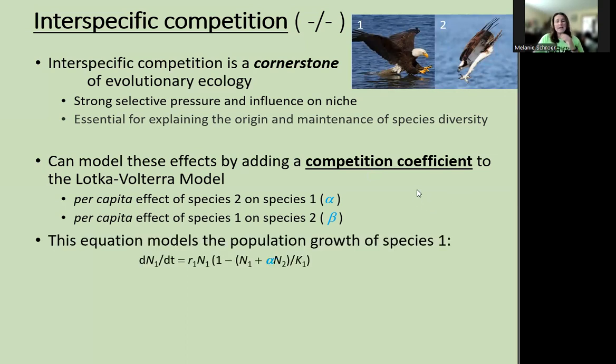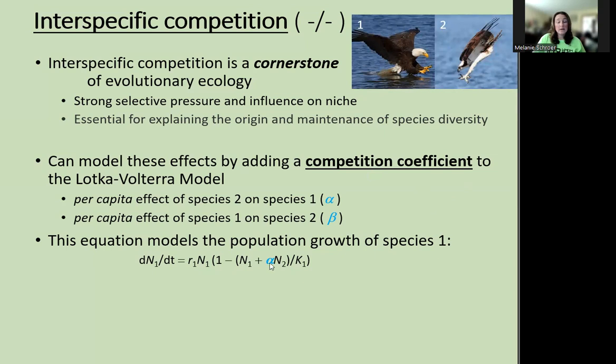We can just add these coefficients like this. This is the population growth rate for species 1, the bald eagles. A lot of these coefficients should seem pretty familiar to you, but we're adding alpha here: the per capita effect of species 2, osprey, on species 1, times the number of osprey.